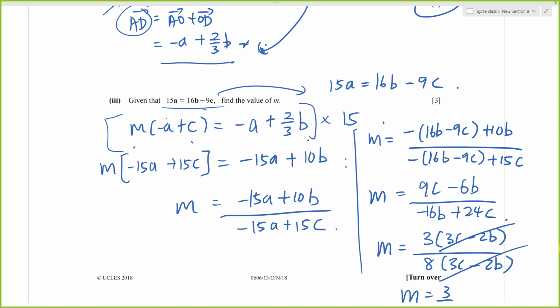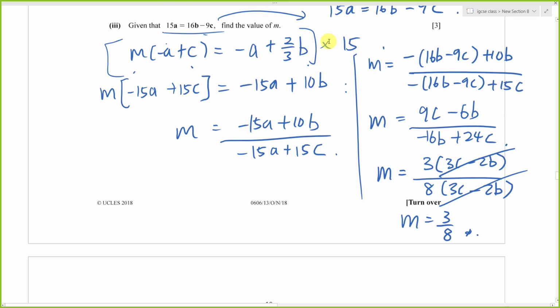But the marking scheme actually uses the comparing method. It's okay, if I know any faster way, then I will let you know, because I just do not want to waste time here.